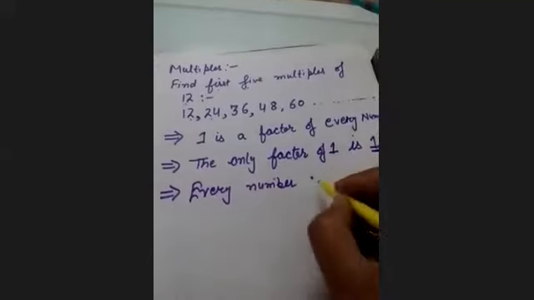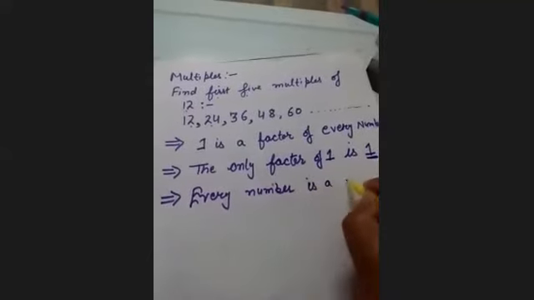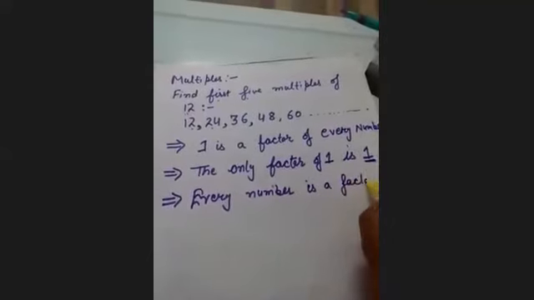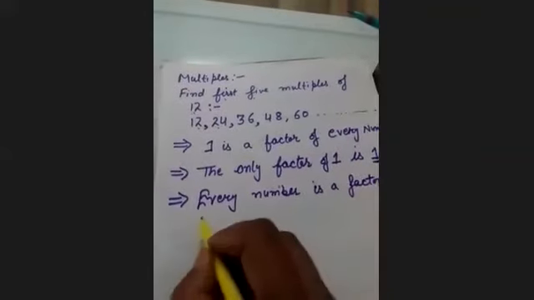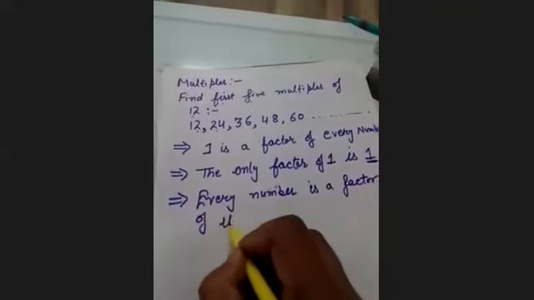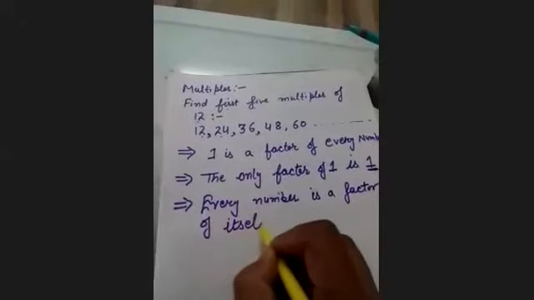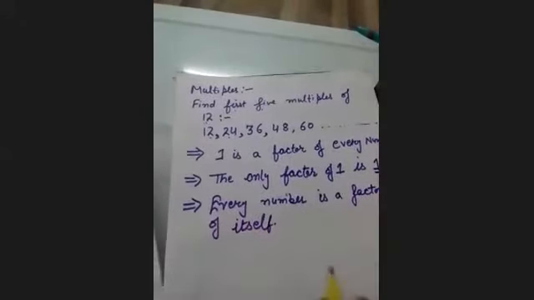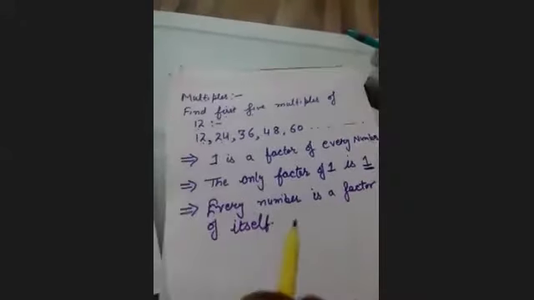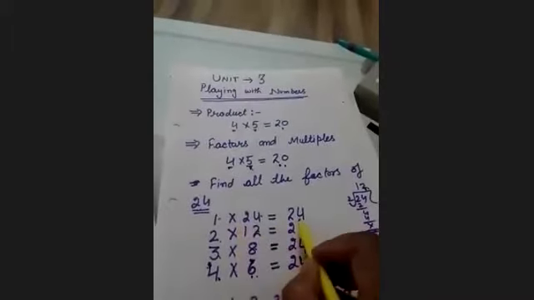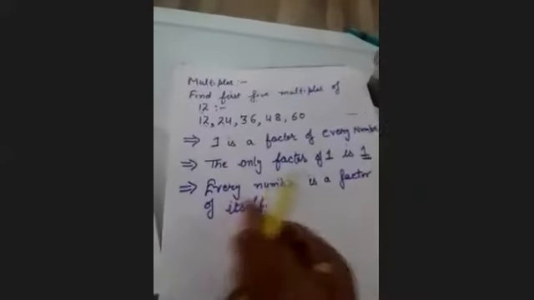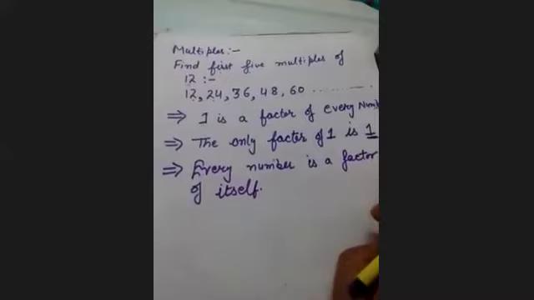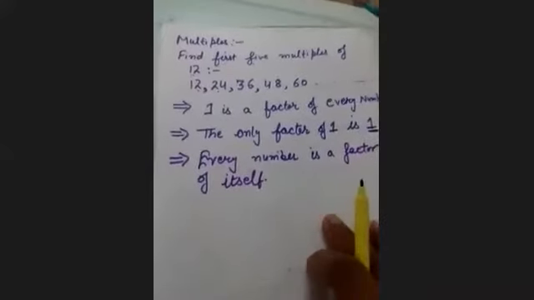As we earlier found all the factors of 24, 24 is also a factor of 24. So it means every number is a factor of itself.